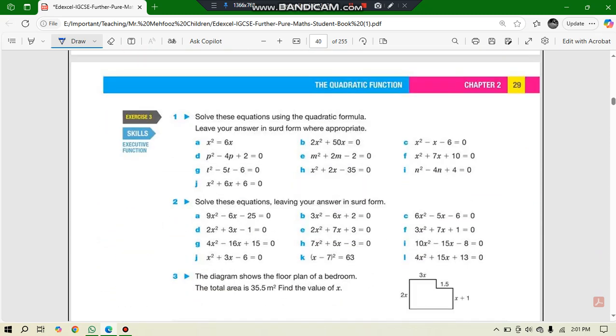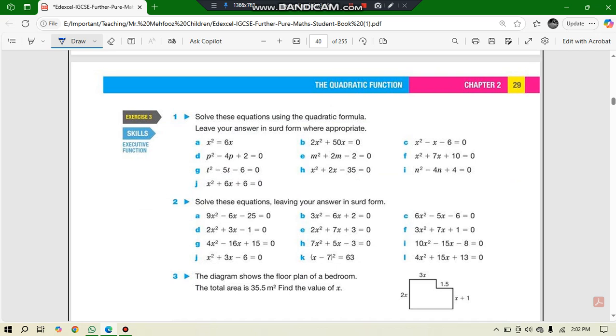Here is another exercise, and in this exercise, solve these equations using the quadratic formula. Leave your answer in surd form. As you can see, in question number 1 and question number 2 we don't have the constant term.